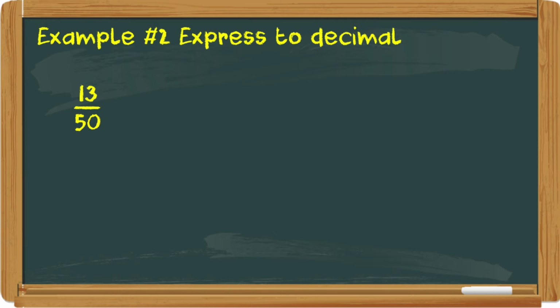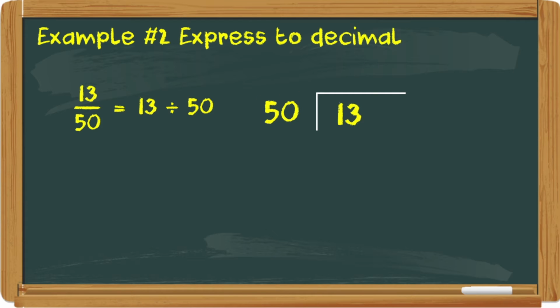13 over 50, and also can be written as 13 divided by 50. And gamit ang long method of division, this will look like this. The dividend will be placed inside, which is 13, and the divisor is placed outside, which is 50.